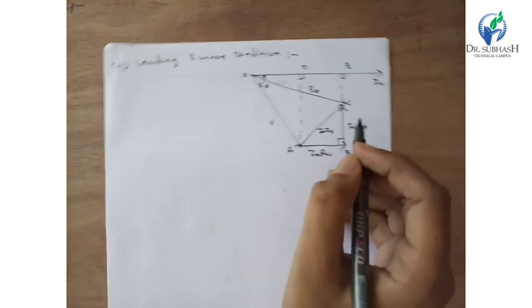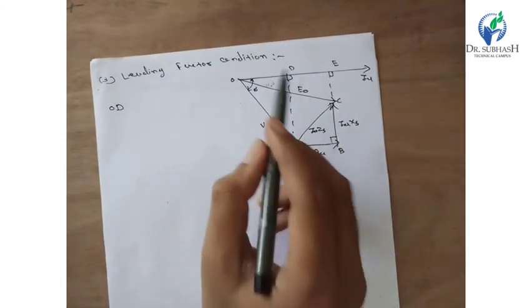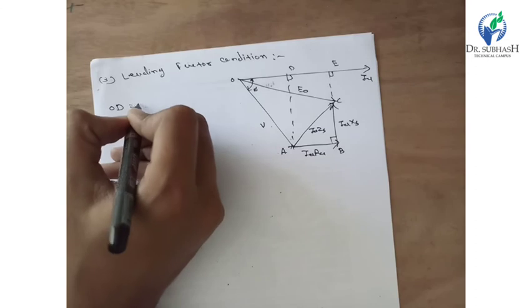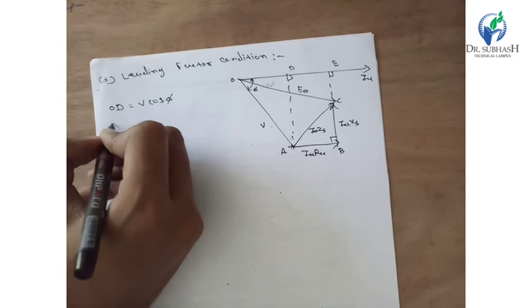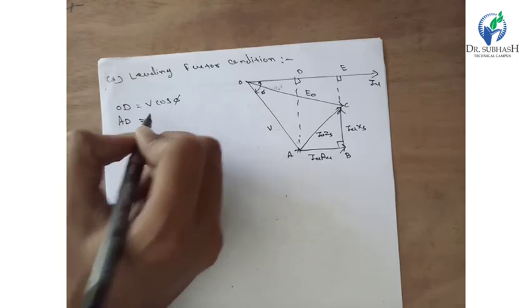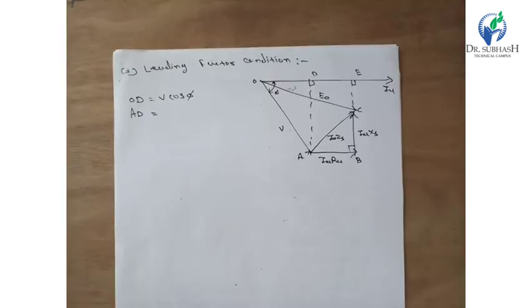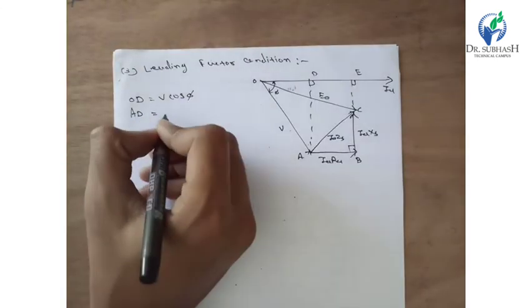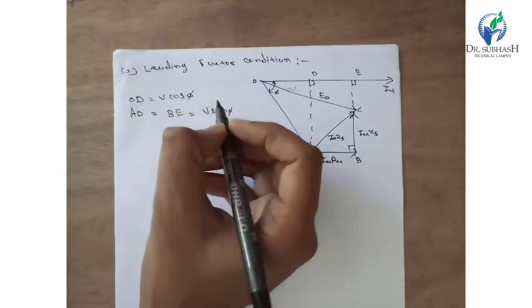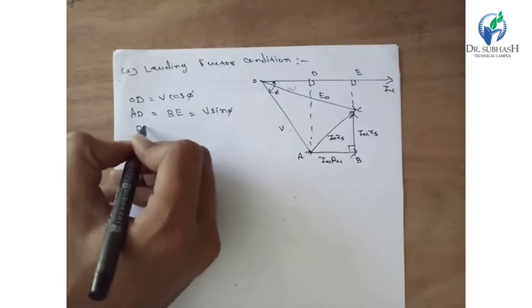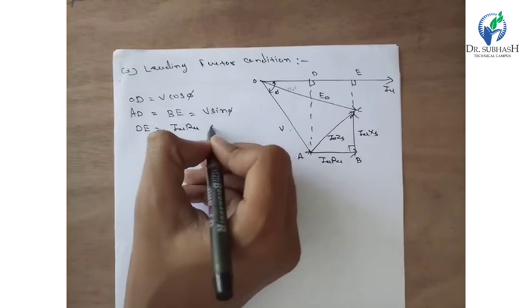While we draw the phasor, OD is equal to V cos phi, and BE is equal to V sin phi in this figure. Also DE is equal to the armature current resistance drop.